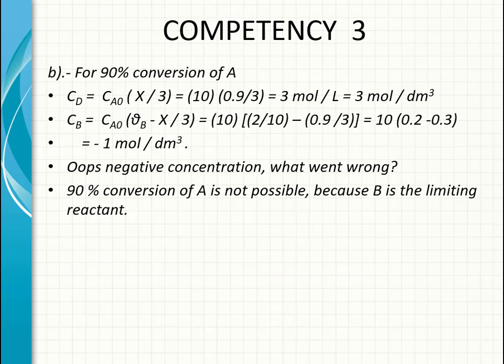So again, this is going to be 10 times 2 divided by 10, which is theta B, minus 0.9 divided by 3. That will give us minus 1 mole per liter. So, negative concentration. What went wrong? Well, what happened is that 90% conversion of A is not possible because B is the limiting reactant.